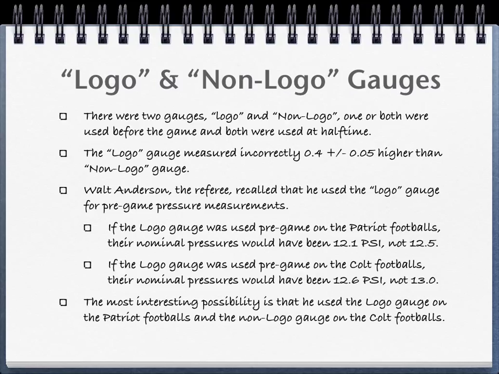I should point out that apparently some of the Patriot footballs were topped off in terms of adding pressure. So my comments about the fact that if you were to set the pressure at 12.5, it would likely drop back to 12.2 is applicable in this case.